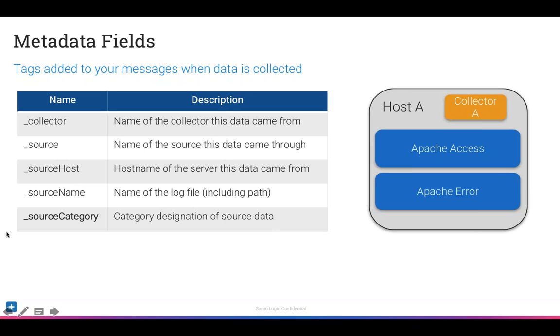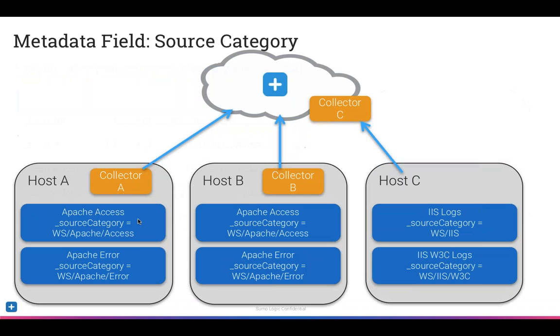The interesting one here is source category, because category could be any category designation that you decide. This is where we want to start including some of the best practices. Let me walk you through an example of that same typical customer so that it gives you a good idea of what a good source category is. You'll notice now I've enhanced this same slide with the source category itself. Under host A, which has collector A, I've added the source category for my Apache Access.